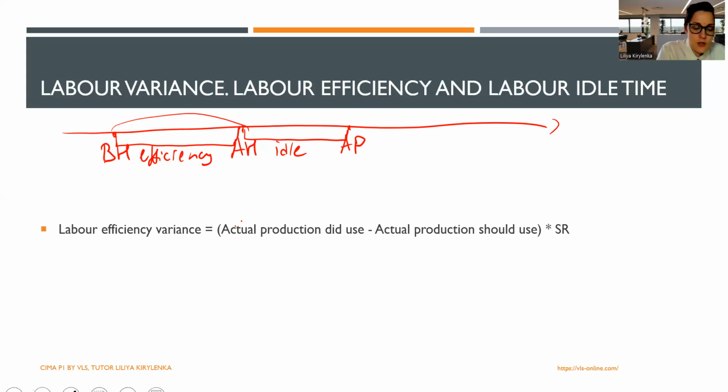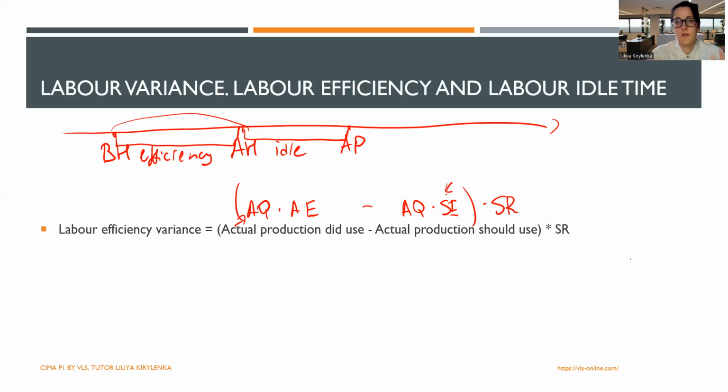Actual production is actual quantity multiplied by actual efficiency, which I will write as AE. From that we subtract actual quantity multiplied by standard efficiency, and that is multiplied by the standard rate. Standard efficiency is just my abbreviation, so you will not see that in any open resources.